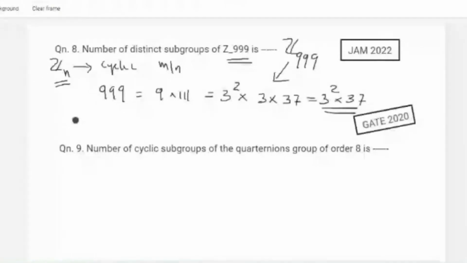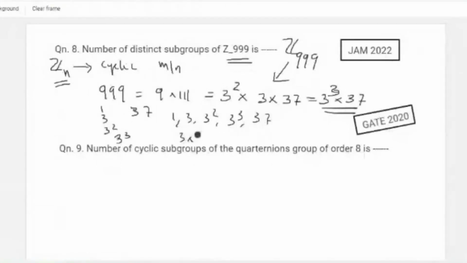The divisors are 1, 3, 3 squared, 3 cubed, 37, 3 times 37, 3 squared times 37, and 3 cubed times 37. These are the 8 distinct divisors of 999.